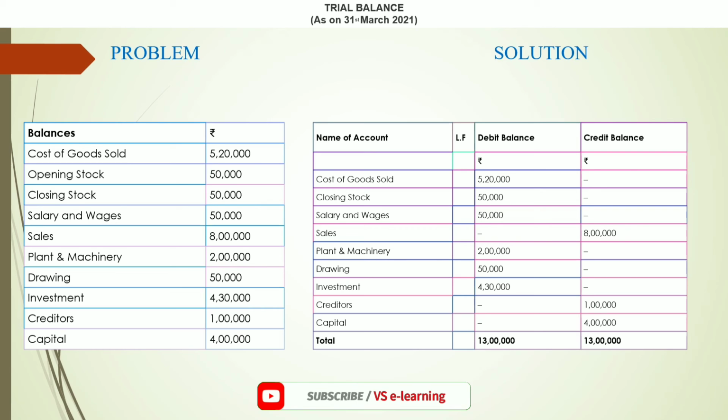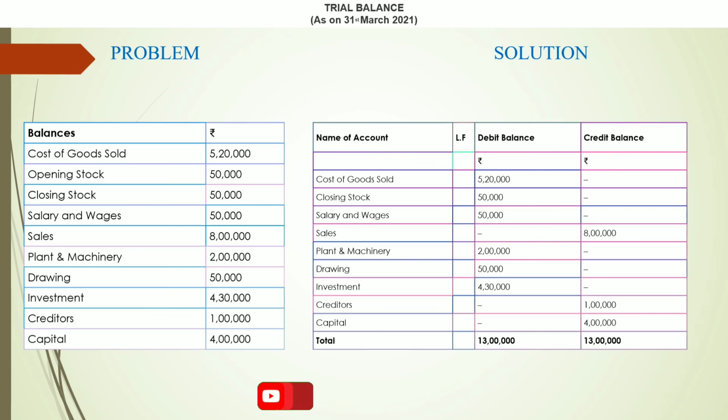And sales always credit, so we have to show it in the credit balance. Plant and machinery is an asset, so we have to show it on the debit side. Drawing, it's also a debit item, and investment is an asset, so we have to show it on the debit side. Creditors, the name itself indicates it will come on the credit side.